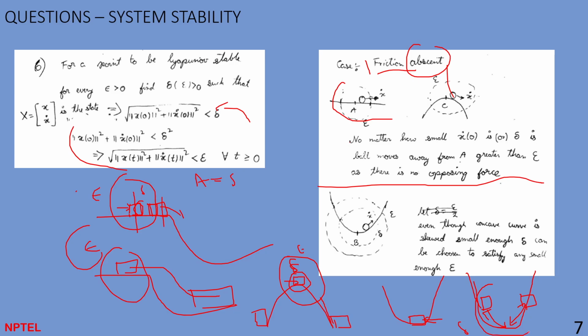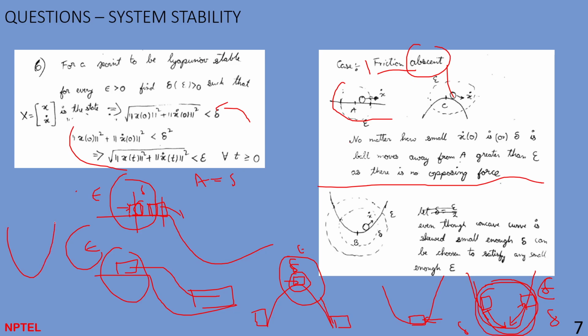And it will remain, because it is always coming back. Let's say this is epsilon naught, and the epsilon naught will remain the same as delta because it will always come back.